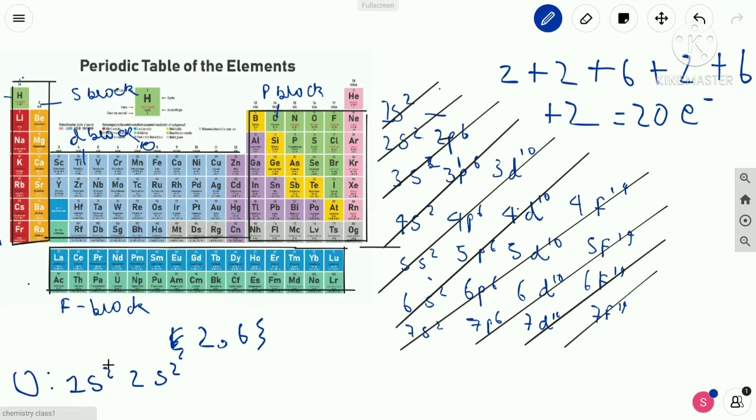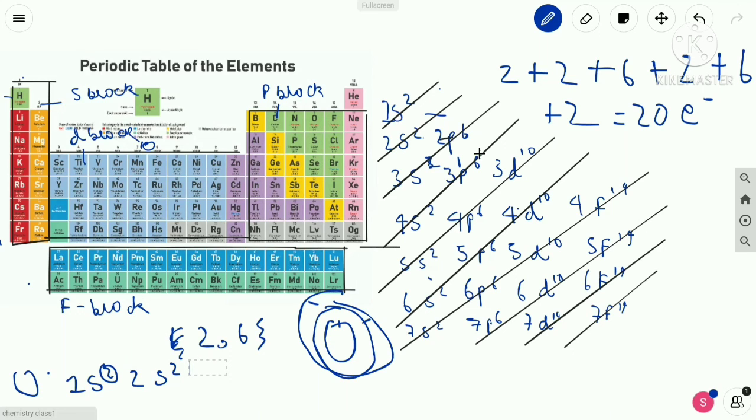Notice only the top number denotes the number of electrons. The other number is just the energy level. One is the first energy level, two is the second energy level. Energy levels are like the shells: first energy level, second energy level, then third energy level, etc. So with 2s2, 4 electrons are already filled, but we need 8 electrons totally.